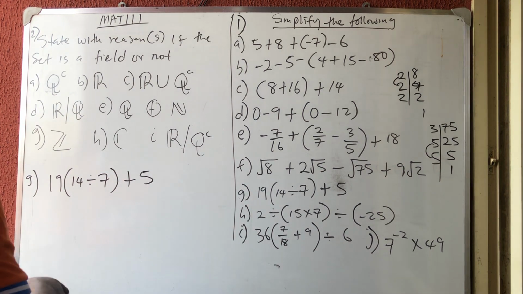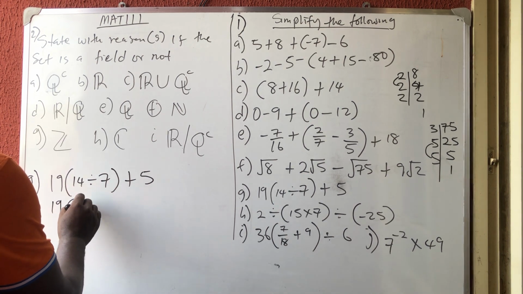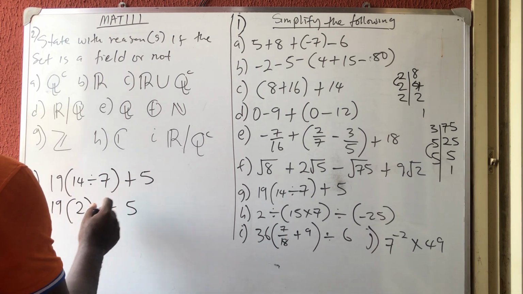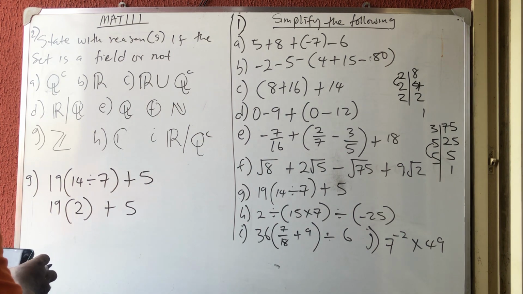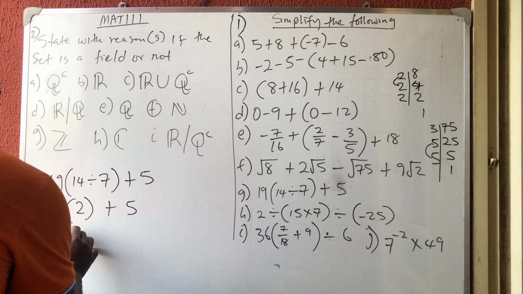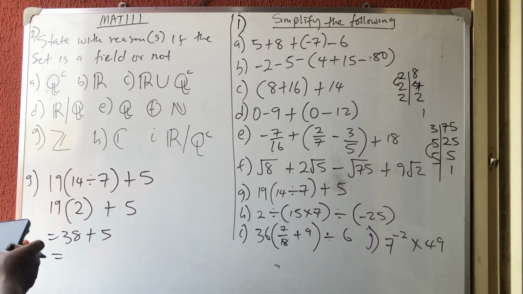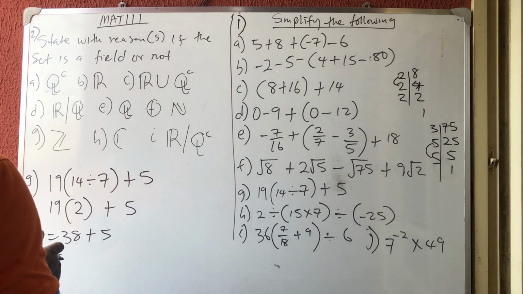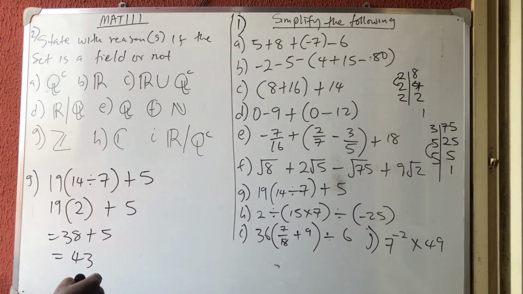The answer is very simple. 14 divided by 7 will give you 2, then plus 5. So 19 times 2 will give you 38, plus 5, which is 43. As simple as that.